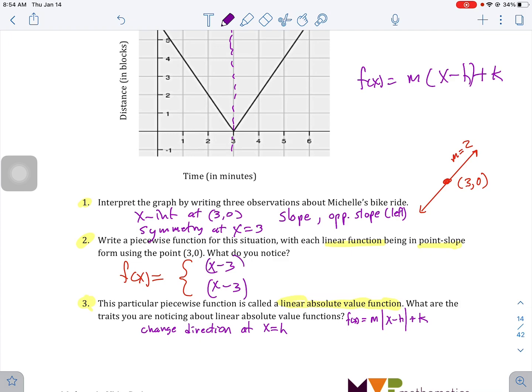And then the slope is either 2 if we're going to the right, or negative 2 on the left.